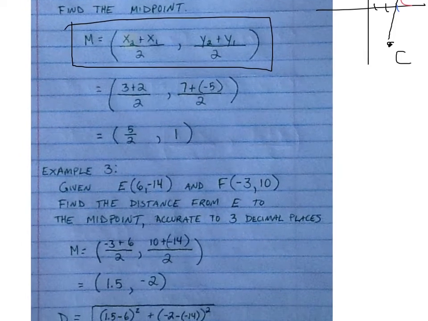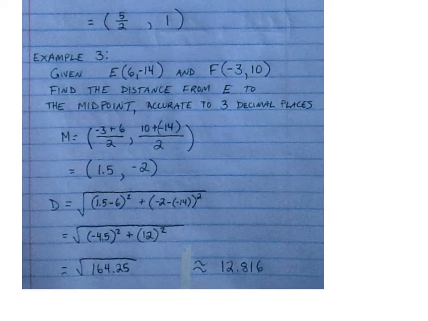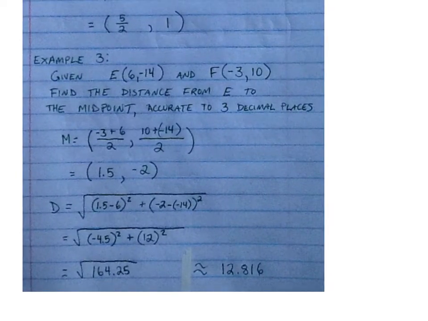Finally, in example 3, I combine the two processes. It says, given point E and F, find the distance from E to the midpoint, accurate to 3 decimal places. So in this case, we have point E, which is located out 6 units and then down 14 units, and point F, which is located left 3 units and up 10 units.